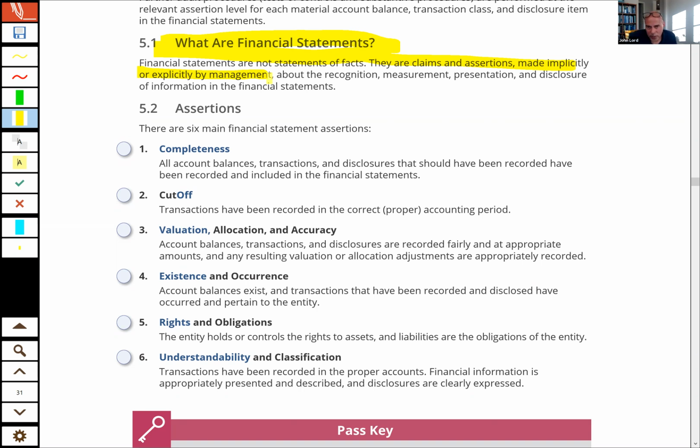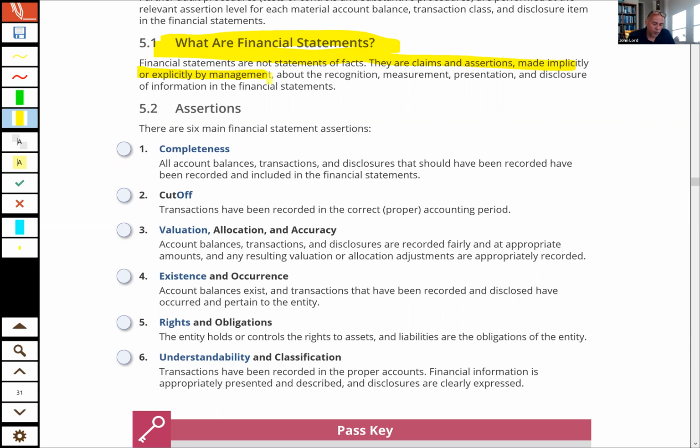If they say liabilities, 10 million, they're telling you that they have liabilities of only 10 million and there aren't more floating around out there. So the liabilities are complete. We start thinking of financial statements not so much as numbers, but as assertions by management.